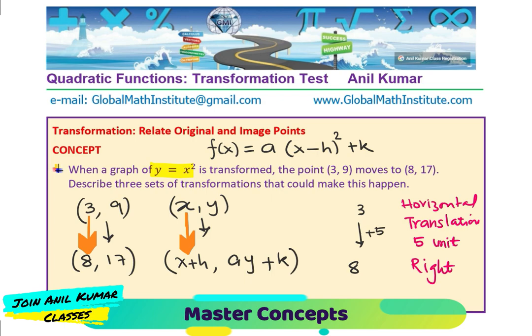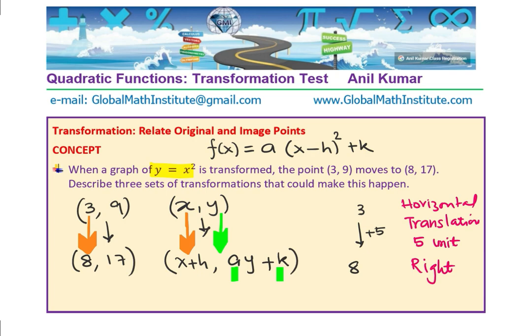Now, what could be the solution for y? In y we have got two parameters, one being a, the other one k. So their combinations will give you many results. That is why the question asks you to describe many sets, not just 3.